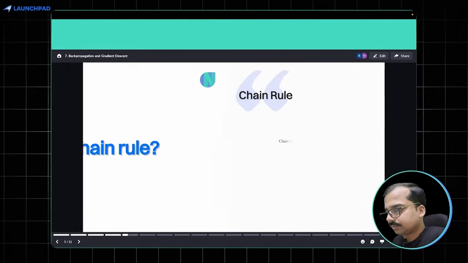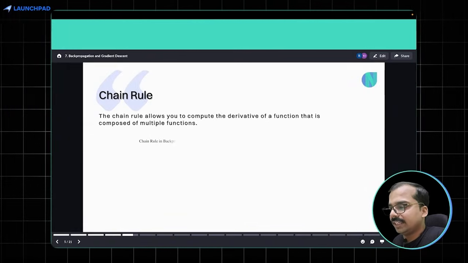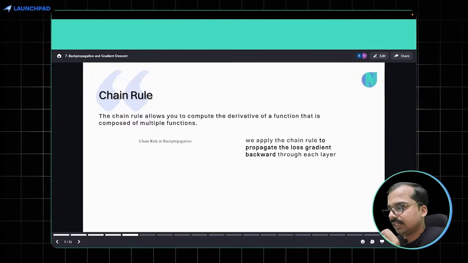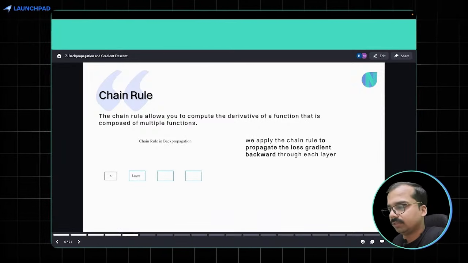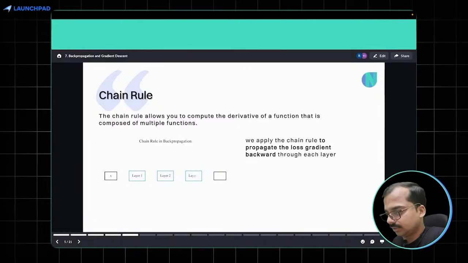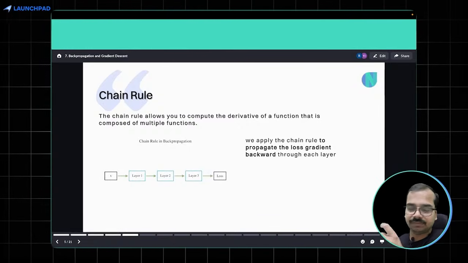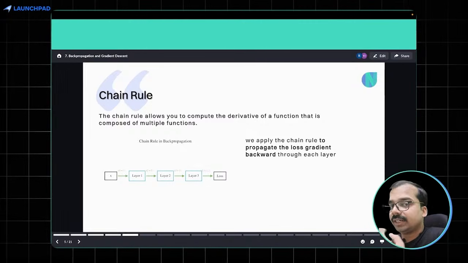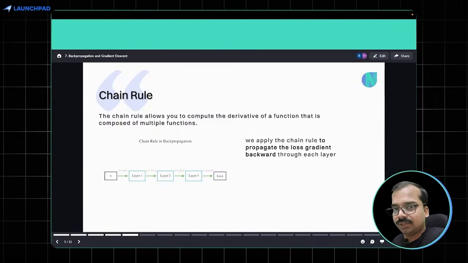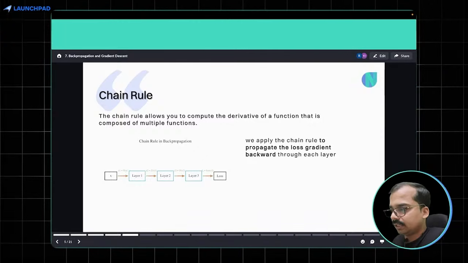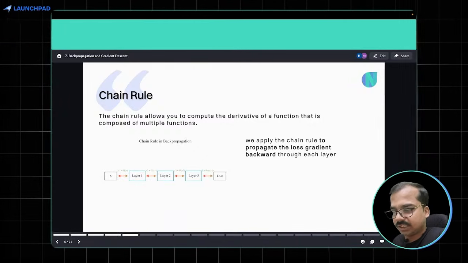Before understanding backpropagation, we need to understand a very core concept that is known as chain rule of differentiation. If you remember, in the gradient descent function, we had derivatives. So we had to calculate the derivatives, right? Now, how are these derivatives calculated? Something very important, that is chain rule is used.